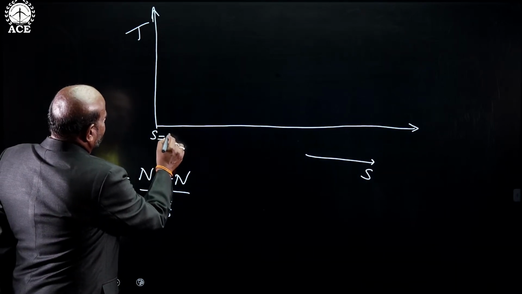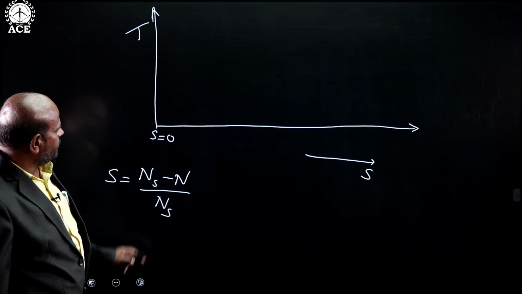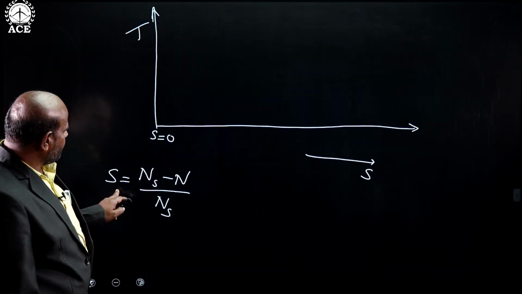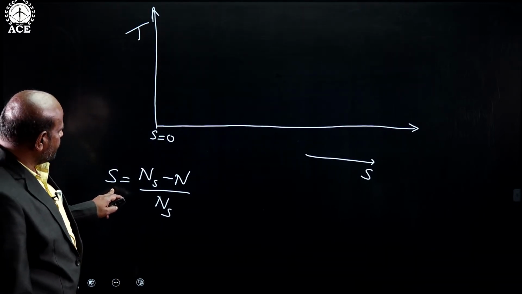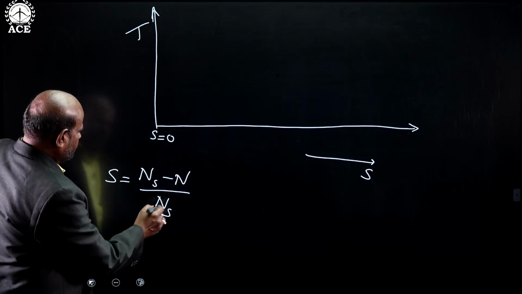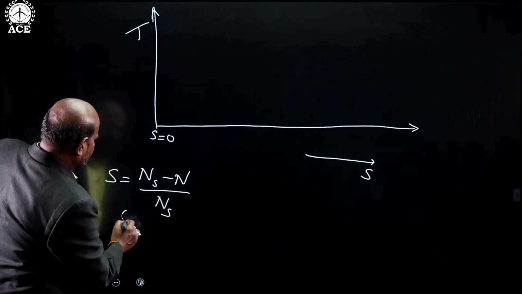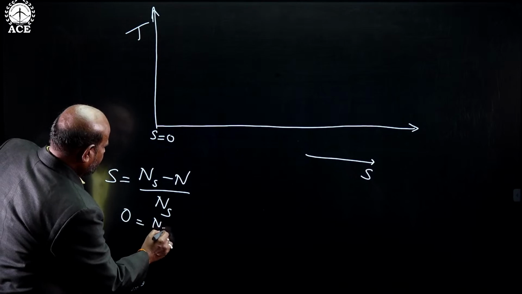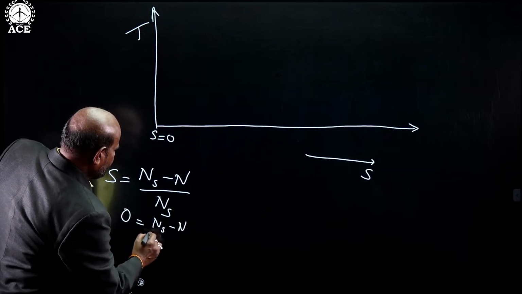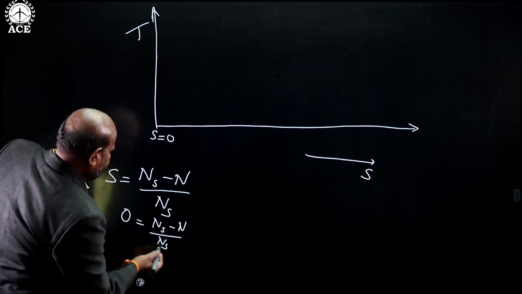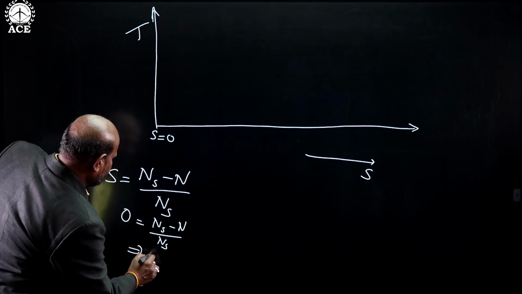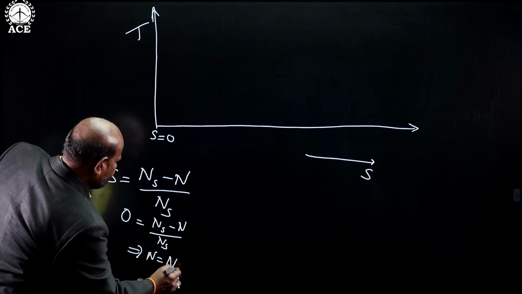When slip is 0, (ns minus n) by ns is 0, that implies n equal to ns.